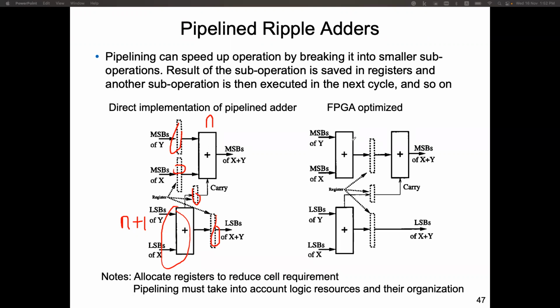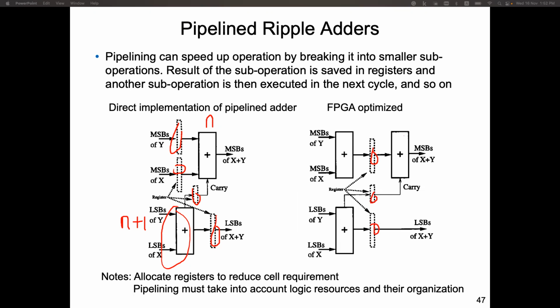Say we do this. The LSB and MSB additions, sub-operations are performed simultaneously. Then the outputs are stored in these registers. This is the carry output of the LSB adder.